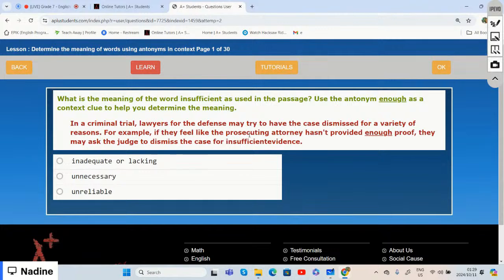So now, if we look at the word insufficient and the antonym enough, the opposite of enough is not enough. So it means that insufficient. We need to say it's option one, which is inadequate or lacking, option two, unnecessary, or option three, unreliable.